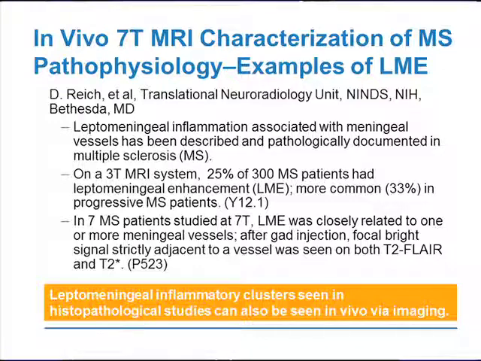So they have reported that on a 3T MRI magnet, 25% of 300 patients have shown leptomeningeal enhancement, which they call LME. It's interesting that in relapsing remitting it was only about 20%, whereas it's found in about 33% of progressive MS patients.